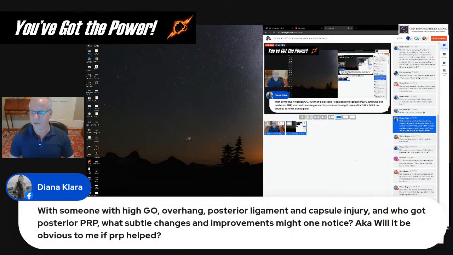Diana, with someone with a high Grab-Oaks overhang, posterior ligament and capsule injury, and who got posterior PRP, what subtle changes and improvements might one notice, aka will it be obvious if PRP helped? So again, if there is overhang, posterior is not going to be a definitive treatment.